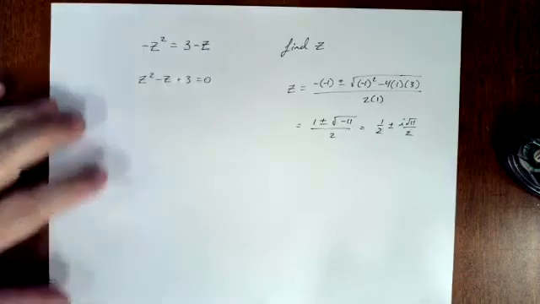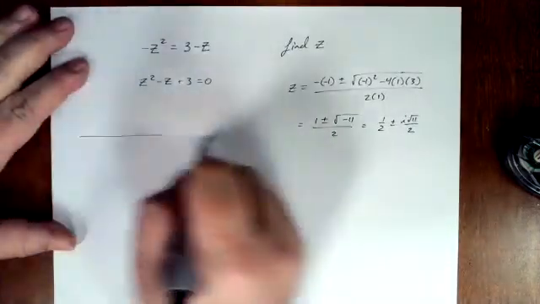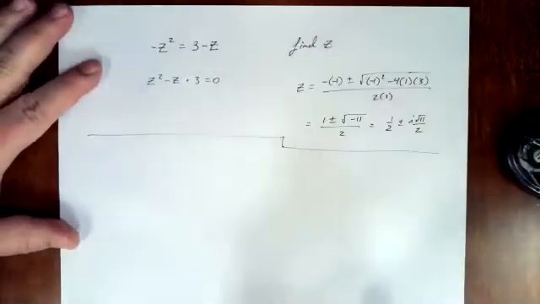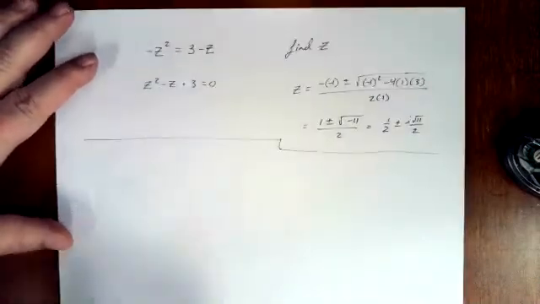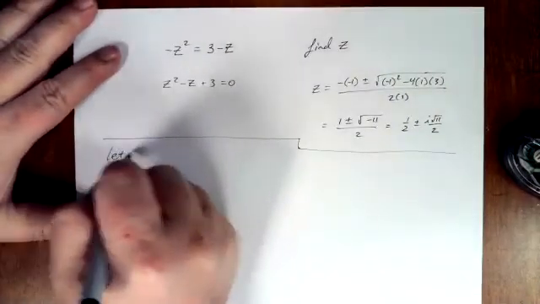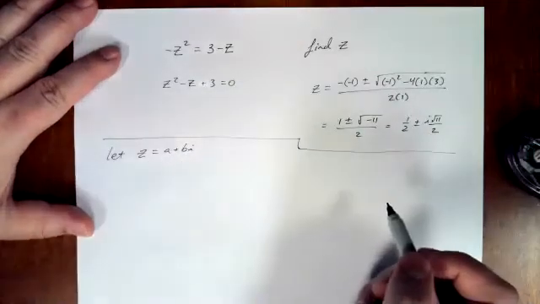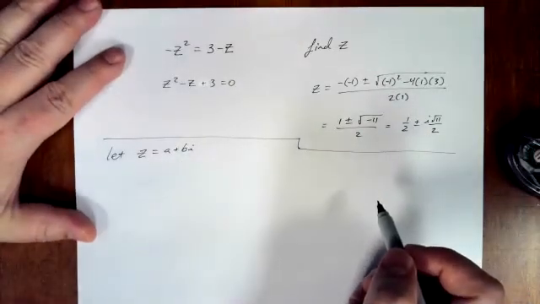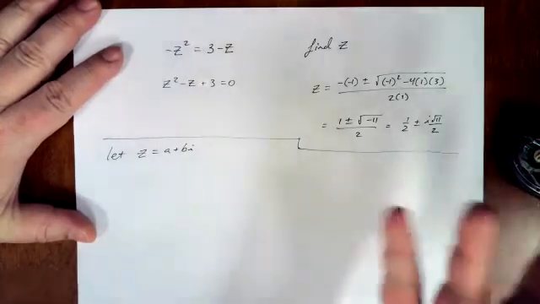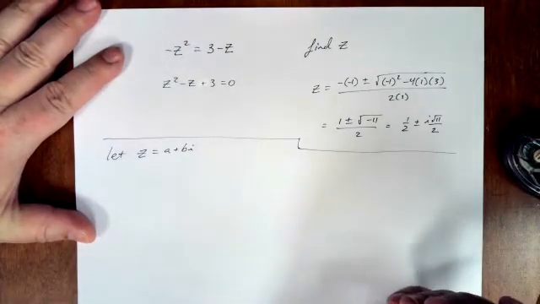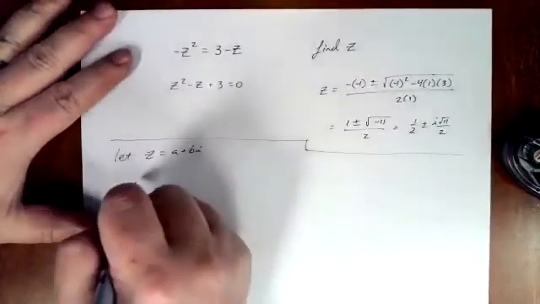Now, the other way to solve it, which might prove useful somewhere in your future, is to say let this equal that. Just create an imaginary number and plug it in.